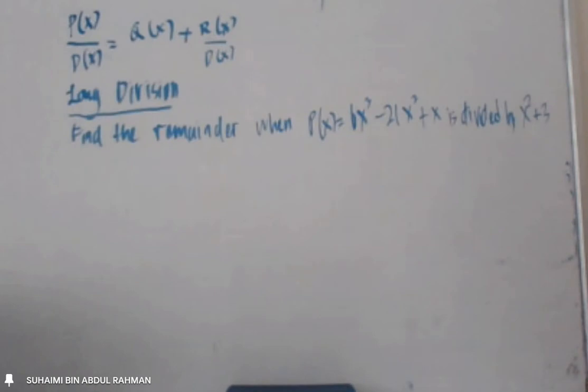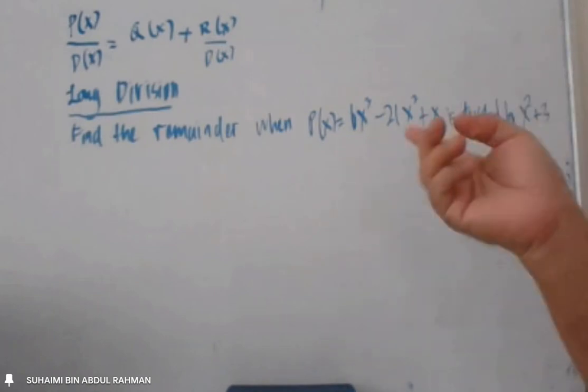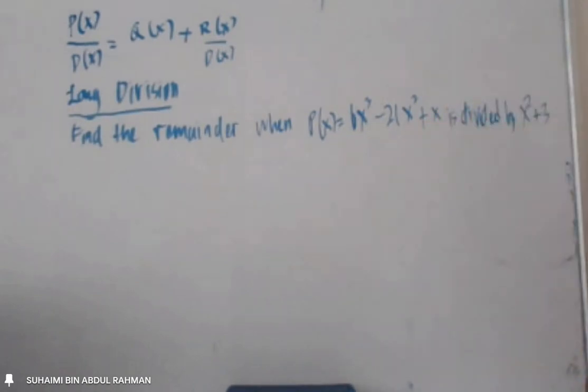Find the remainder when our P(x), 6x cubed minus 21x squared plus x, is divided by x squared plus 3.